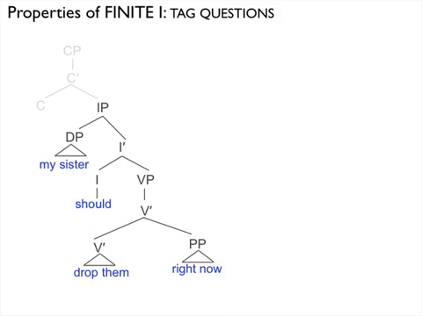So the idea that we looked at last time already was that the clause can be incorporated into general X-bar theory by considering it to be an IP, or inflection phrase.